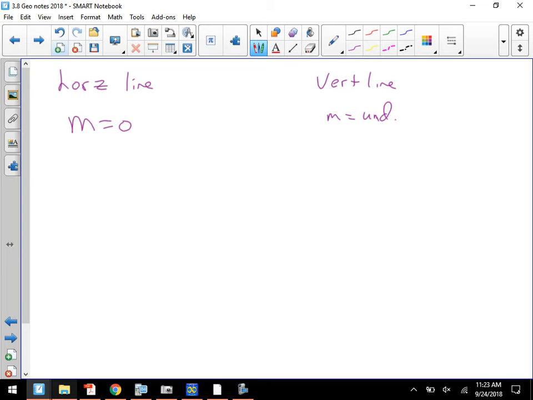Because if you put 0 as a fraction, it's 0 over some number. If I flip this, it becomes some number over 0. And can you divide by 0? So that tells me that those two are reciprocals. Horizontal lines and vertical lines are perpendicular.